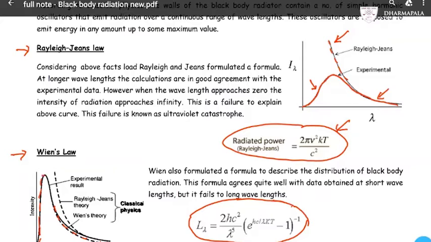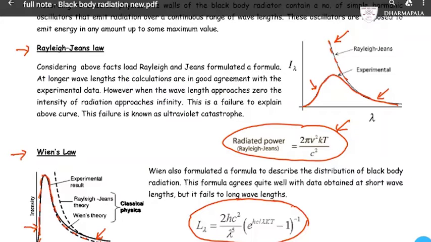You can see that for shorter wavelengths, that equation matches to a greater extent, but for larger wavelengths, there are some deviations. It didn't match the practical data. So Wien's equation also has trouble because it is also based on classical wave theory.